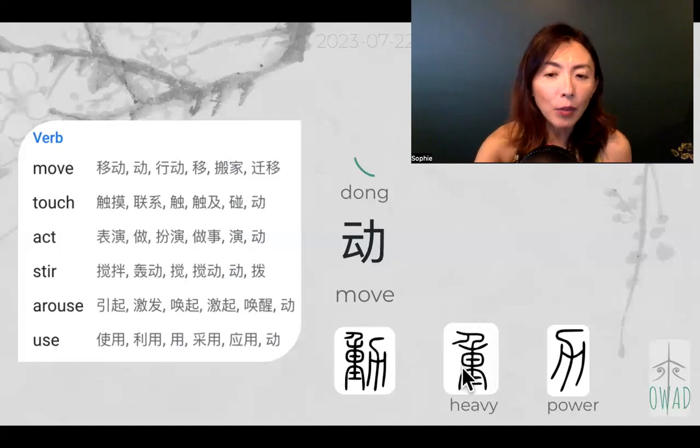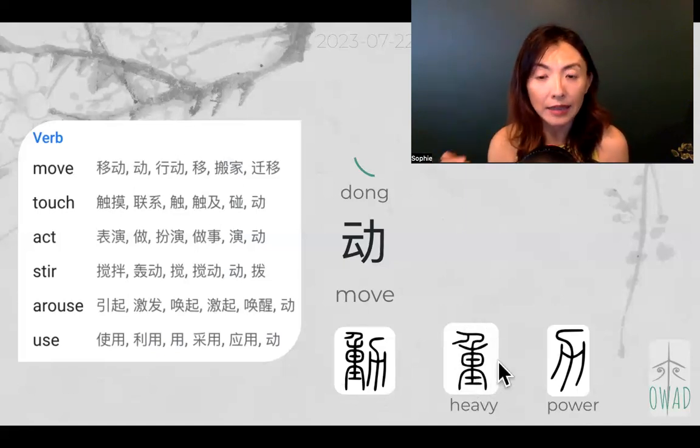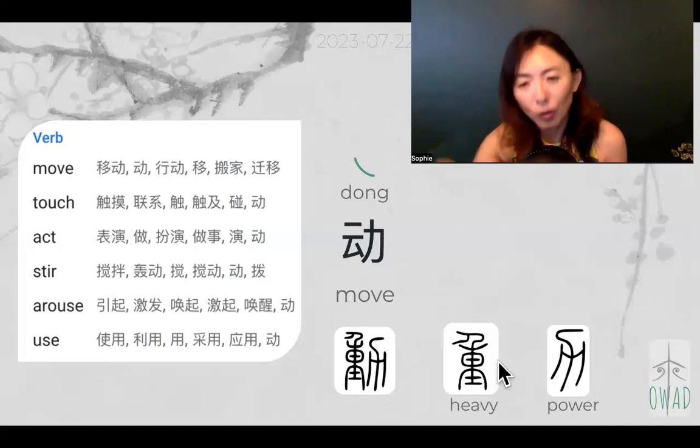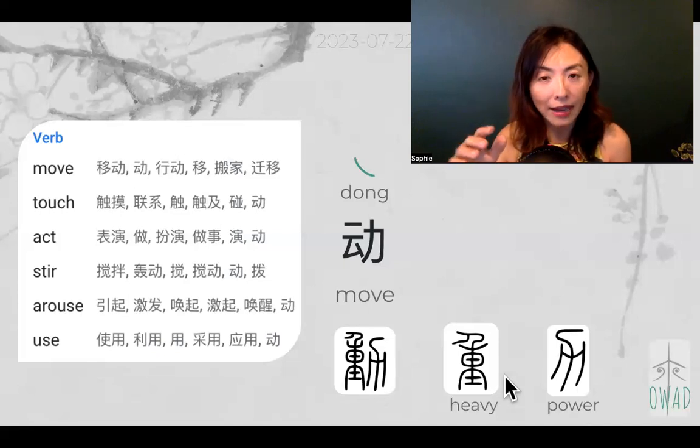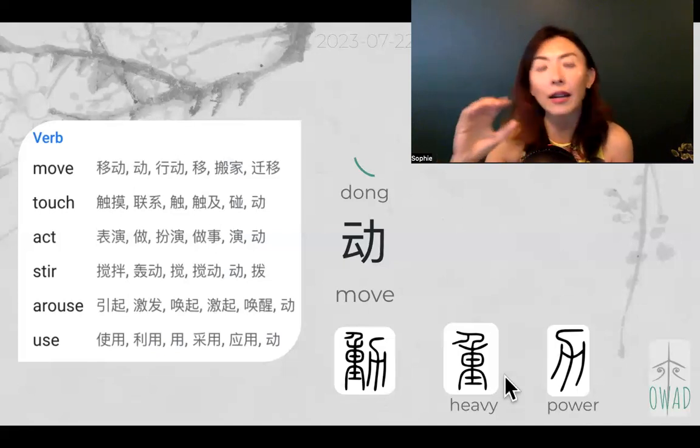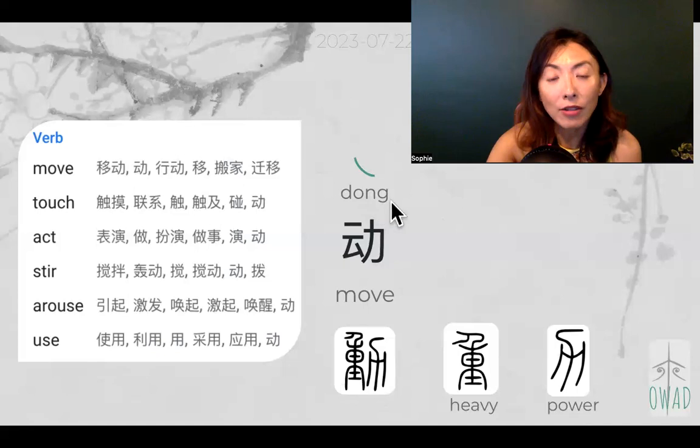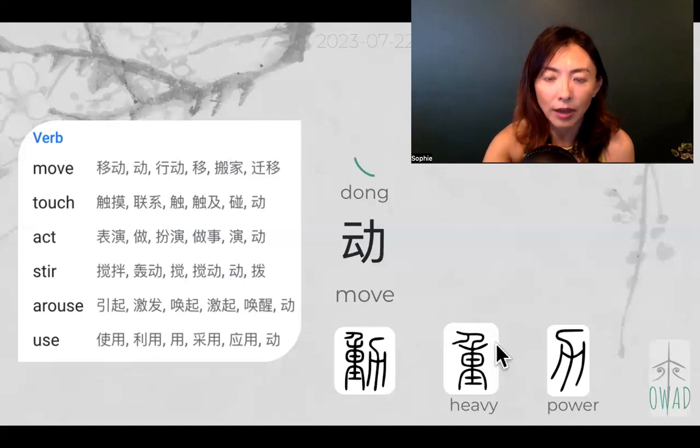Again, the left side we have, in contemporary Chinese, is zhong. You can see zhong is kind of a sound maker as well, right? Because it sounds like dong. It shares the same ONG sound. So it's a sound maker, but it does lend its meaning to it.